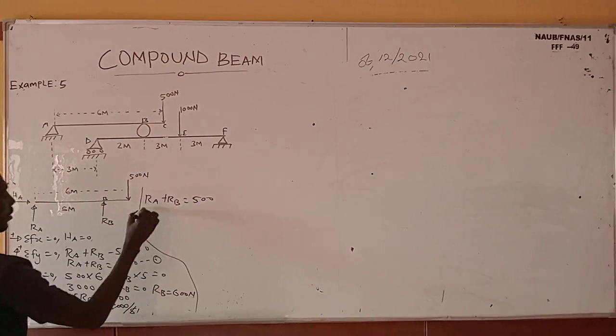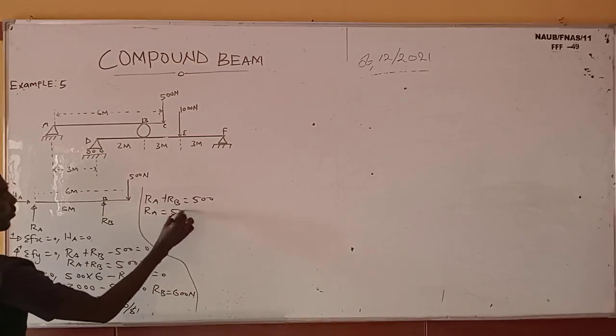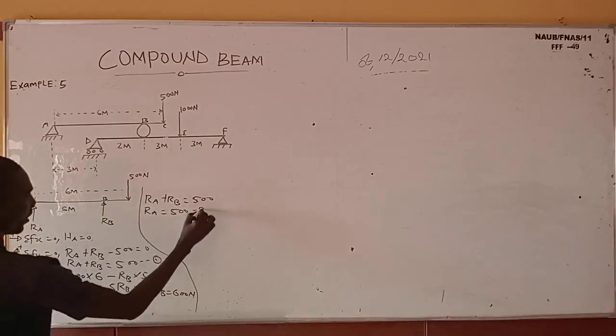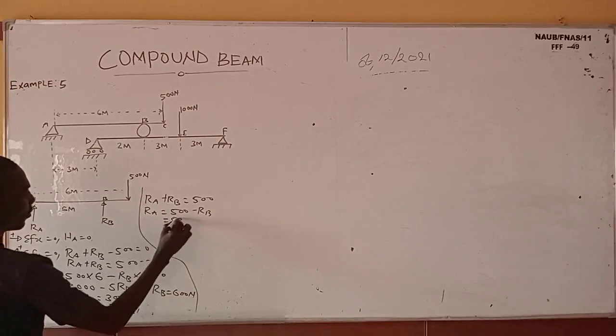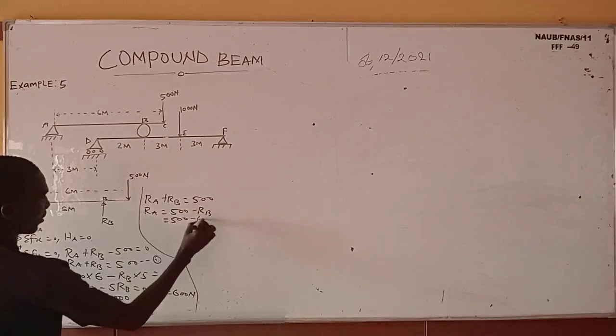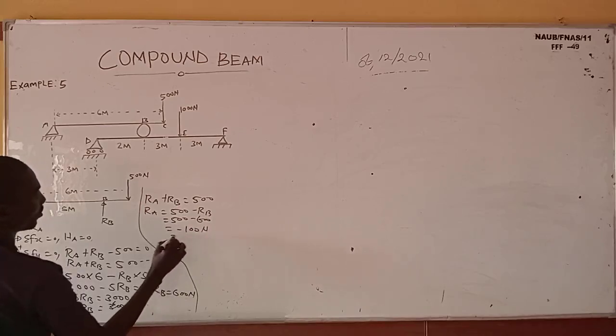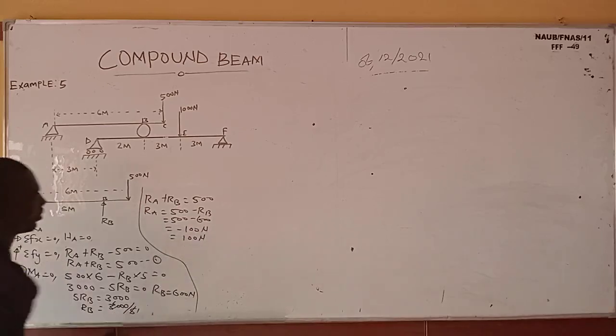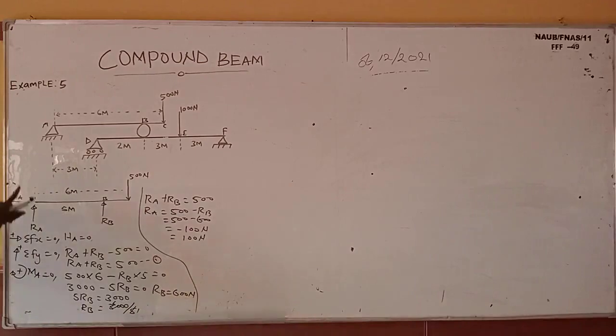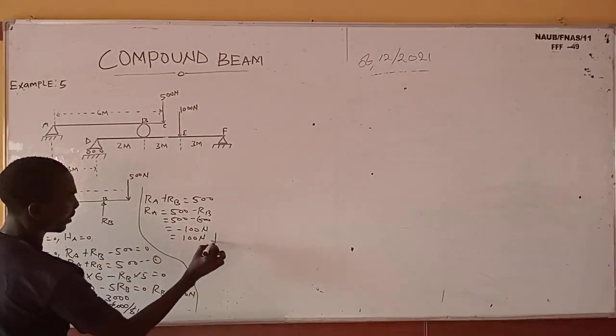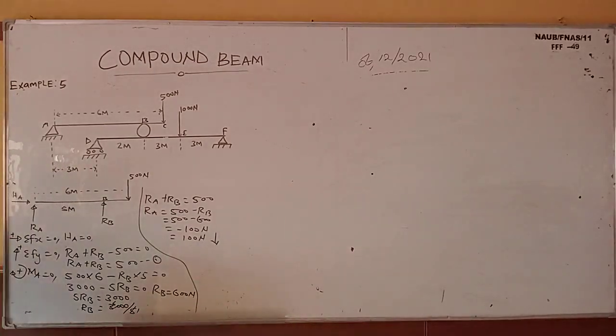From equation 1, arrow A will be equals to 500 minus arrow B, which is 500 minus 600, which is minus 100 Newton, which is 100 Newton. But arrow A, look, is an upward force. It should be a downward force. You get that?